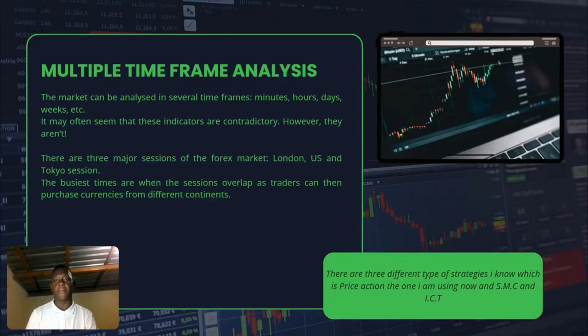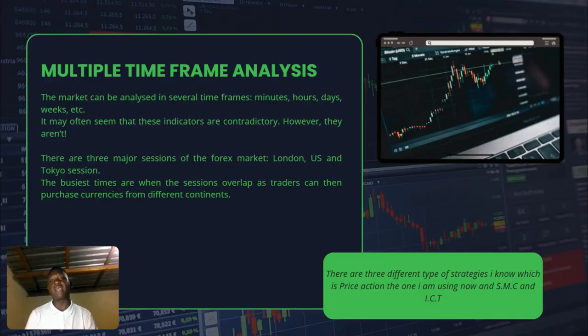Section 6. Multiple time frame analysis. The market can be analyzed using multiple time frames such as minutes, hours, days, and weeks. Higher time frames show the overall trend, while lower time frames help identify entry and exit points.